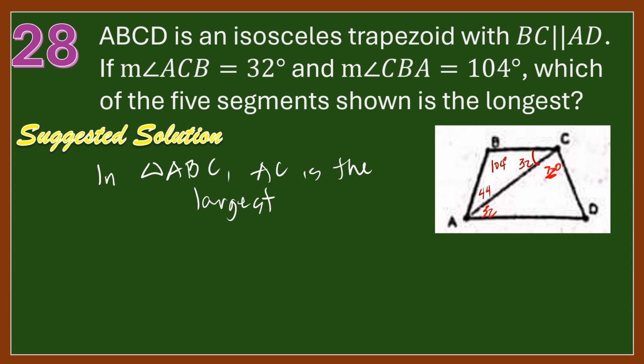Now we can get the measure of angle CDA, that is equal to 180 minus 72 minus 32, and that is equal to 180 minus 104, so that is equal to 76 degrees.